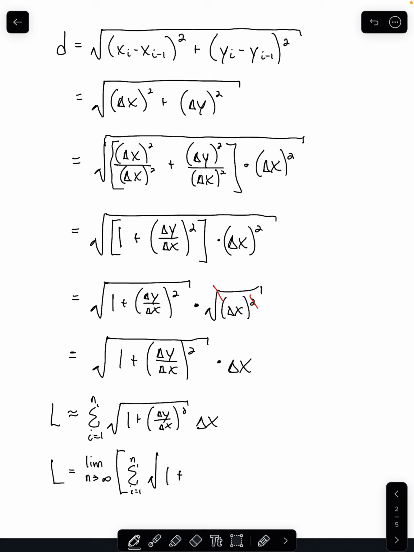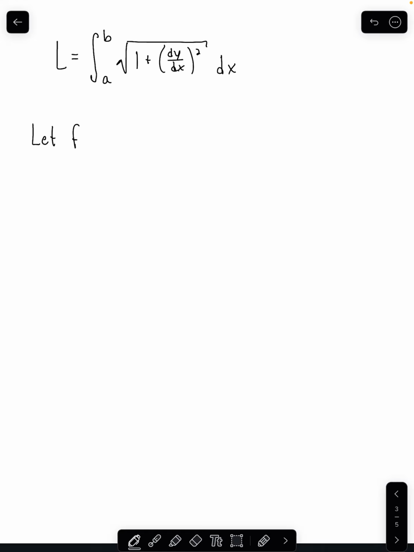So we then have the concept that, suppose I should say, let f be a continuous function on a closed interval from a to b, and differentiable on the open interval from a to b.